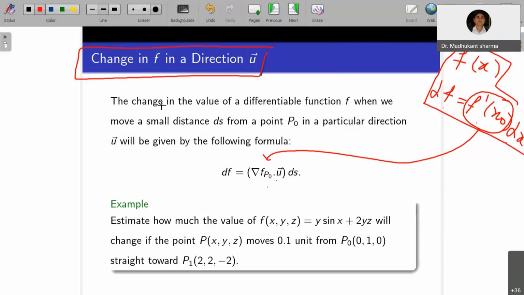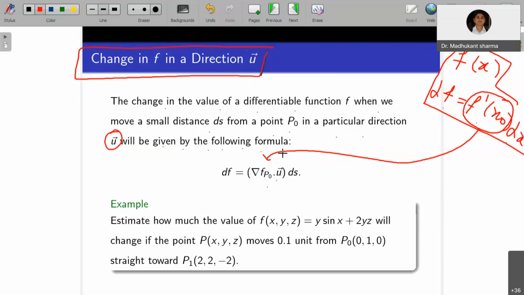So we can now read this: the change in the value of a differentiable function f, of course we require differentiability, when we move a small distance ds from a point P naught in a particular direction u. Here u is again a unit vector, because we are talking about the directional derivative. So it will be given by the following formula.